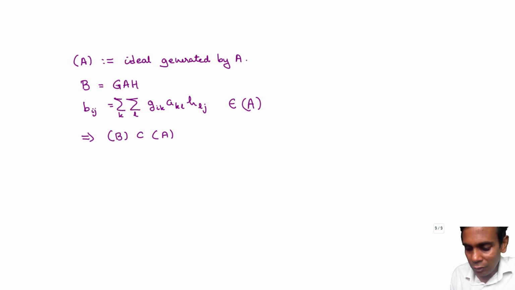Now if A and B are actually equivalent, then these matrices G and H are invertible.